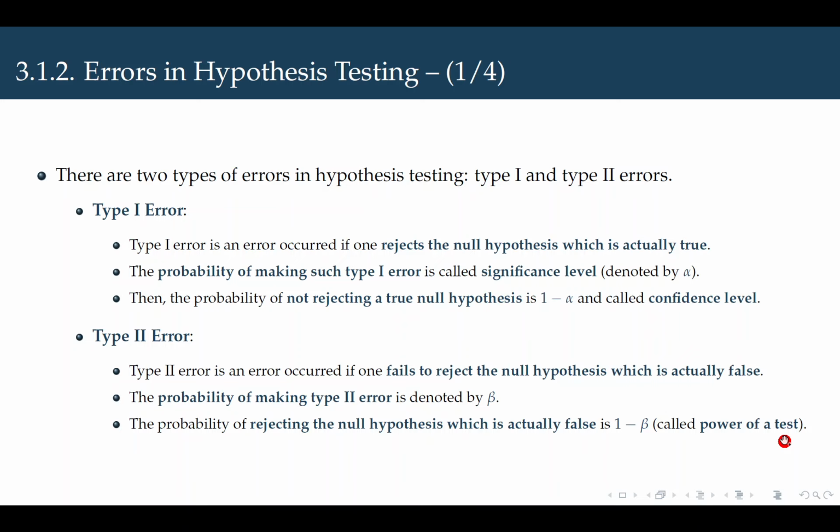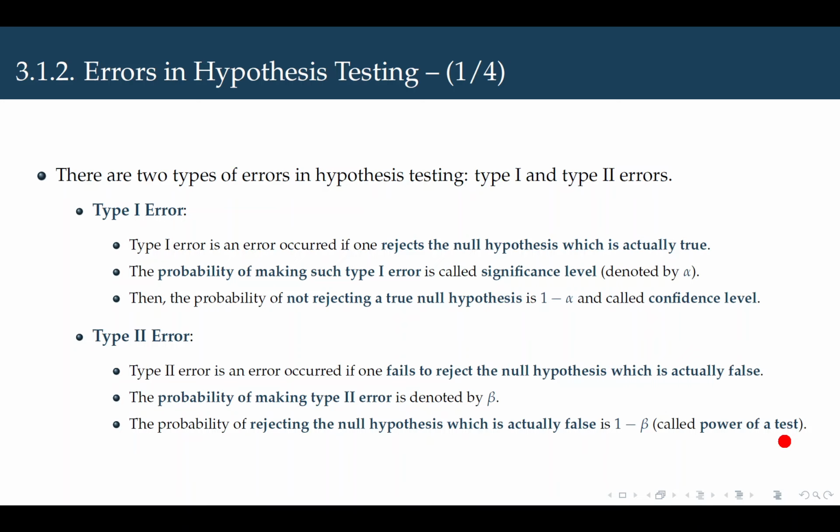So the null hypothesis may be true, and if that is rejected, we are committing type 1 error. On the other hand, the null hypothesis may be false. If we reject it, we are not committing an error.